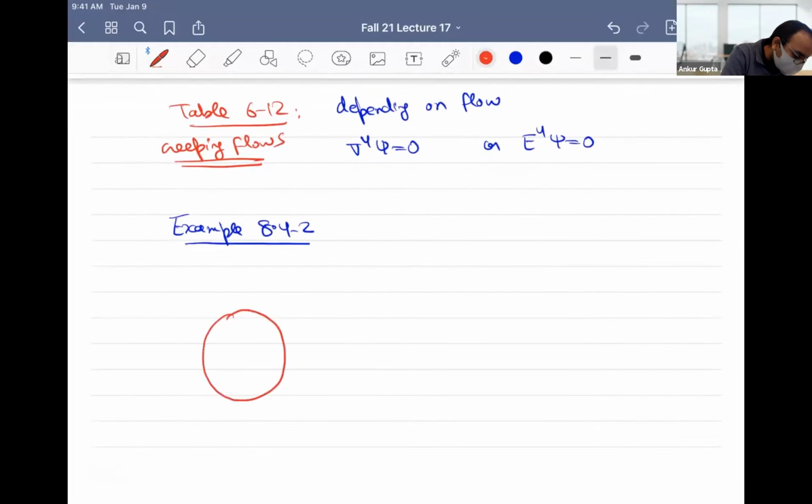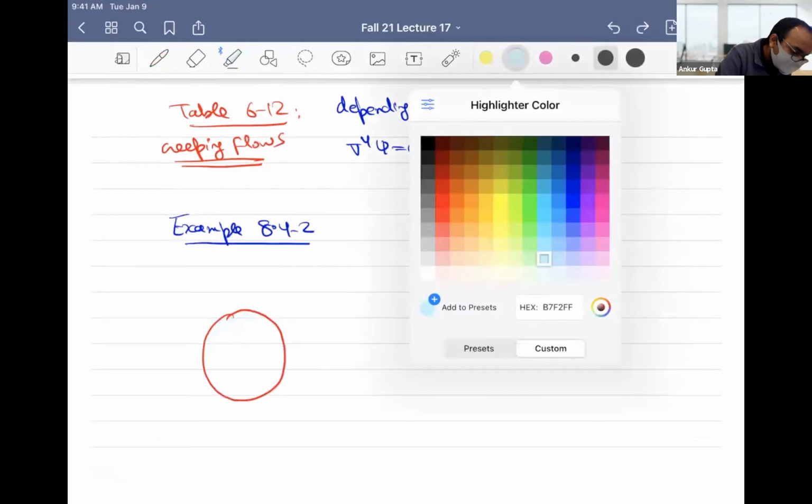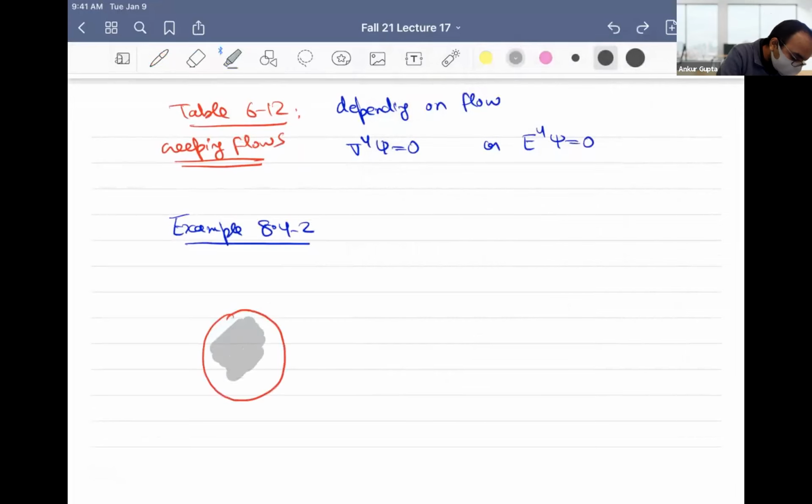So we have a solid sphere. It is sitting in the fluid medium, where the fluid is flowing around it.